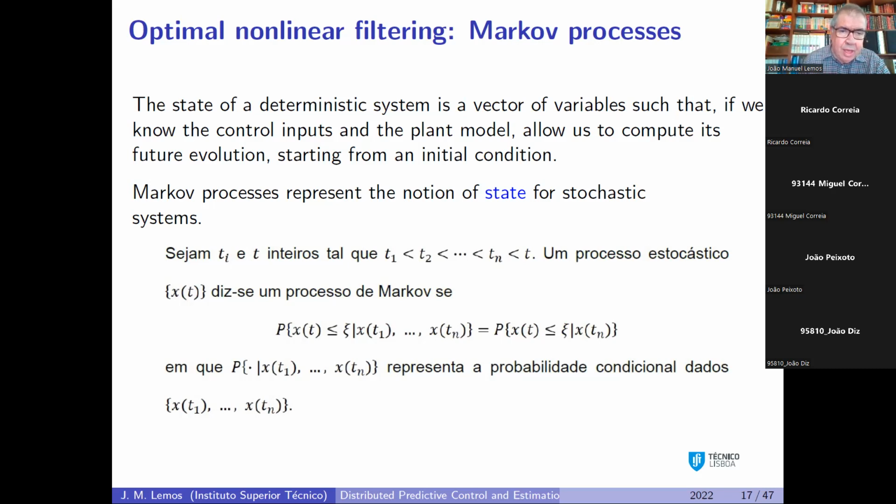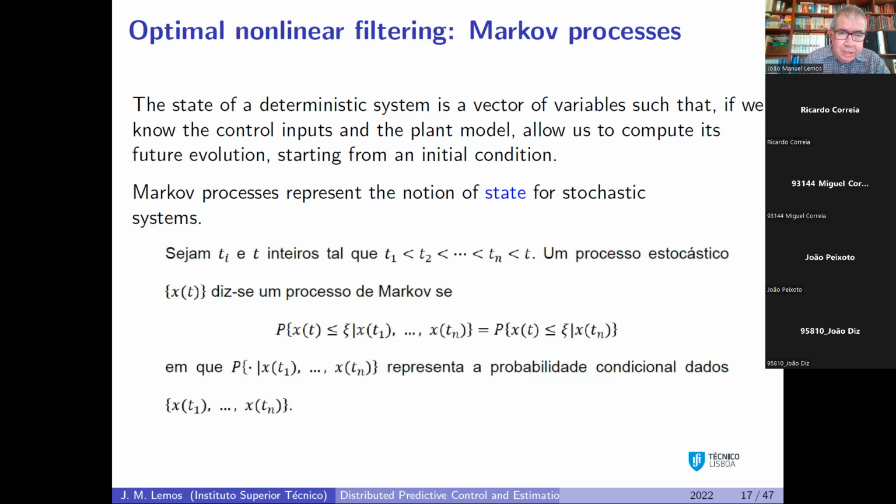For instance, if you have a very simple mechanical system with Newtonian dynamics, say a material point, the position of the material point is not a state, because it can have some velocity that points in one direction or the other.